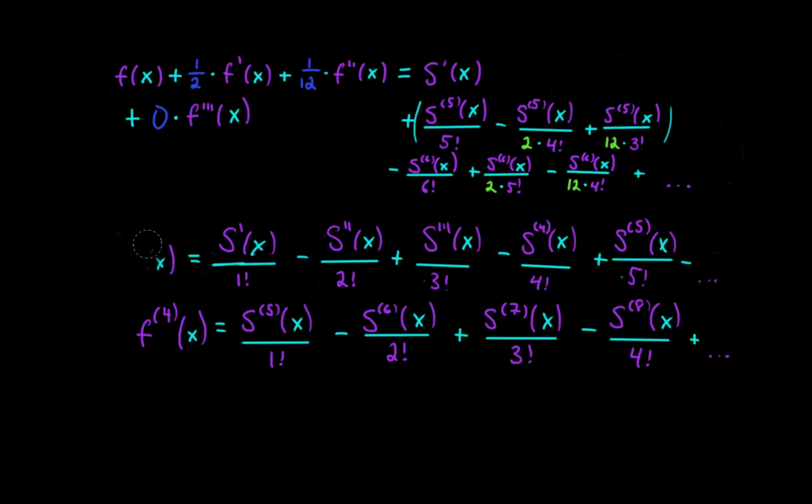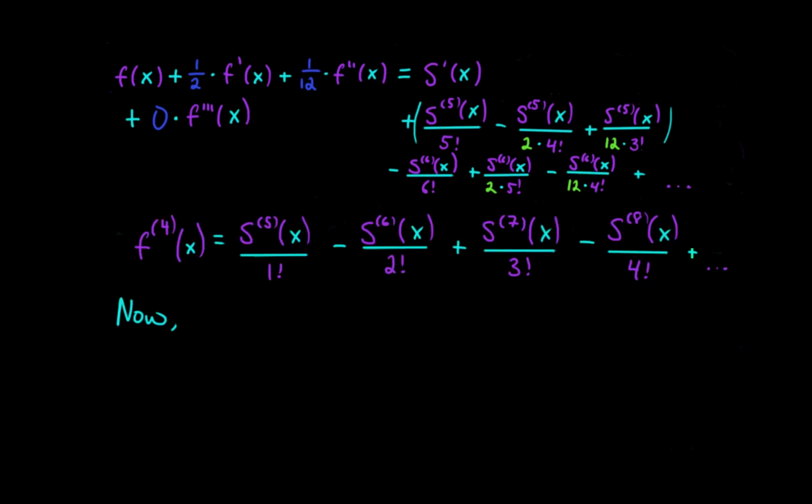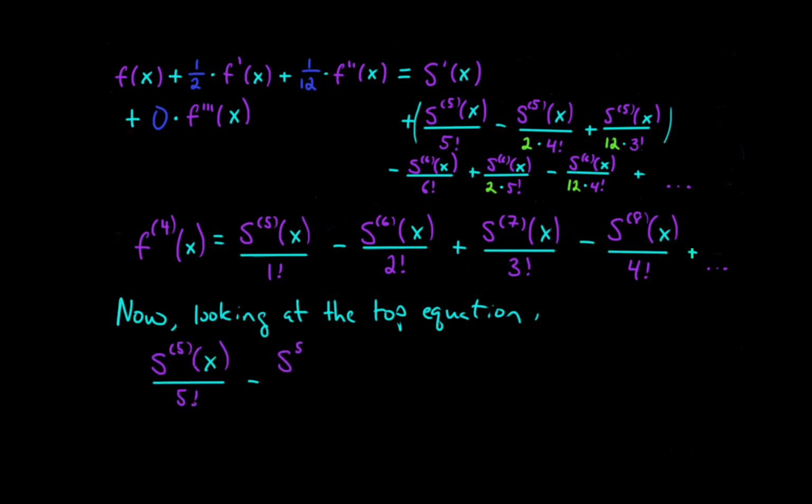Looking at the top equation, we want to simplify the s5 of x terms before we figure out how to cancel them. So we have s5 of x over 5 factorial minus s5 of x over 2 times 4 factorial plus s5 of x over 12 times 3 factorial. So now I'll just factor out that s5 of x term.